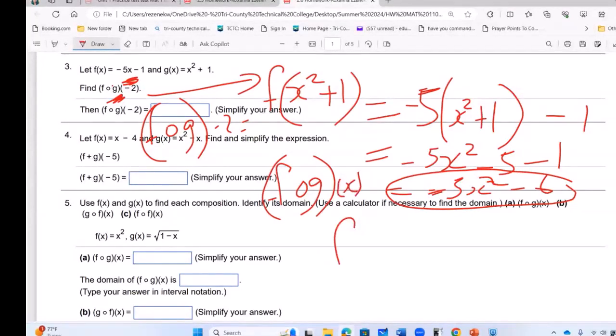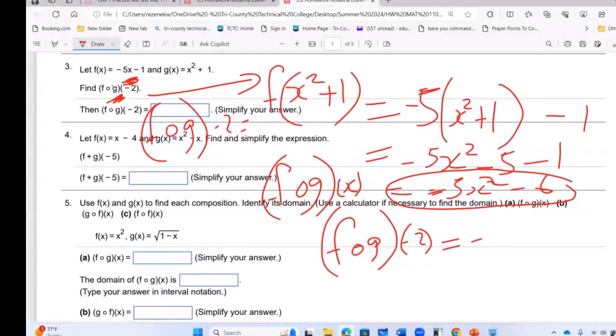At this point, I will find f composed of g of -2. F composed of g of -2 means substitute -2 wherever you see x in the final answer here.